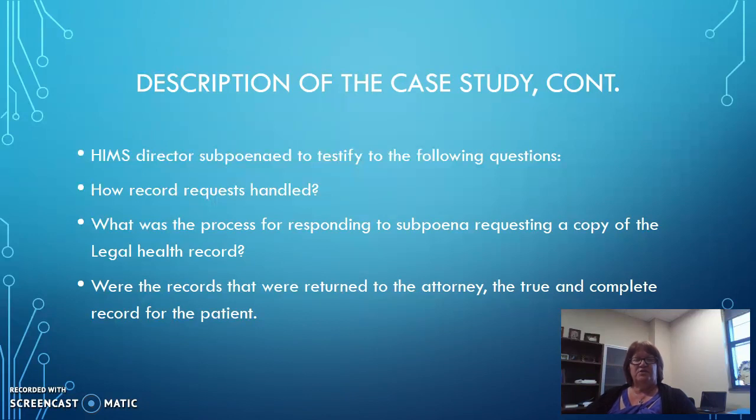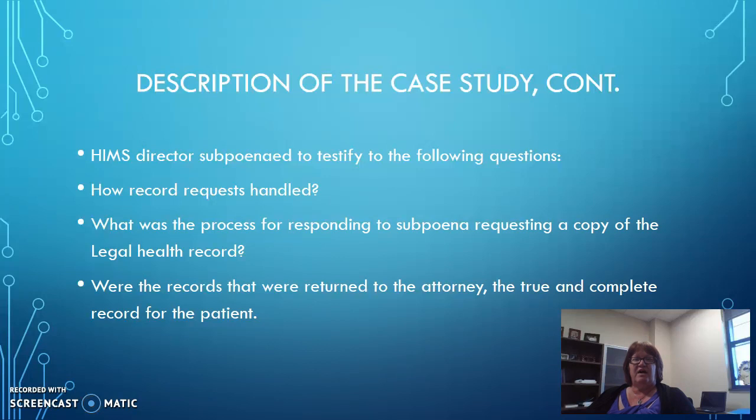So the answer to the first question, how were record requests handled? Record requests for paper charts versus electronic health records would be handled differently. For paper charts, the patient or their family member would fill out a paper request, with the name, date of birth, and address.